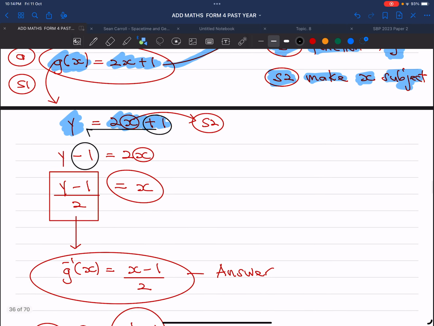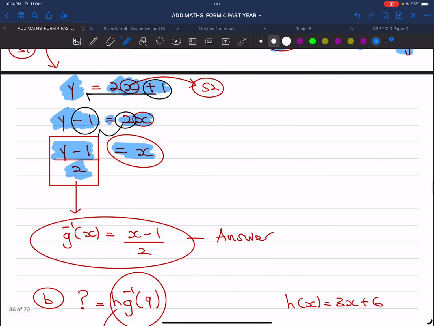So we have y minus 1 equals 2x. Now I'm going to transfer the 2 to the left hand side. Multiply, transfer becomes divide. So we have x equals y minus 1 over 2.